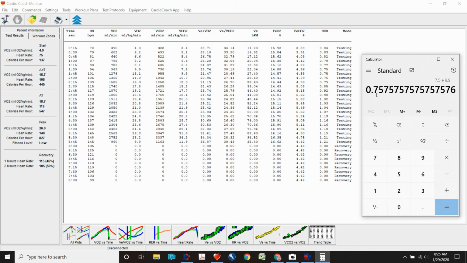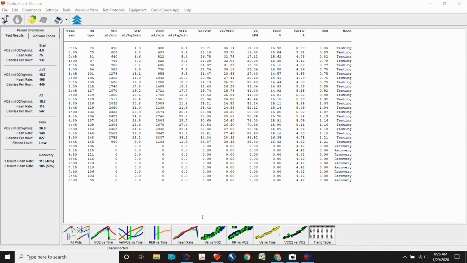And we equal 0.75 here. So if we follow this all the way across here, we get to 0.75. And that's how it's calculated. So it's a ratio between the CO2 and O2. Anyway, that way you kind of know the basis of that calculation.